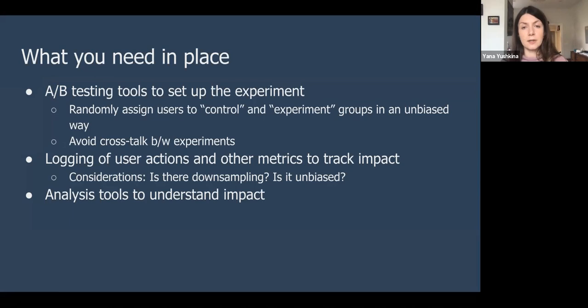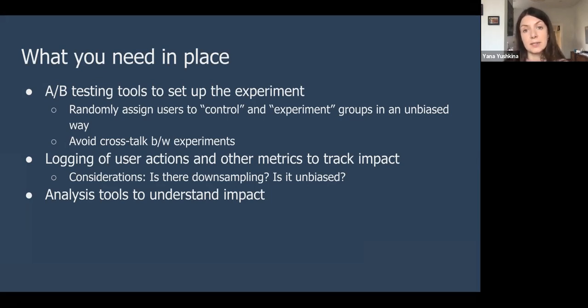So the next step here that, again, hopefully is something that's already taken care of, is that once you're actually running your experiments, you need to track how they affect the metrics that you care about, which means that user actions and other metrics, for example, performance metrics, need to be logged. And there's some things, again, to think about and to understand about your system.